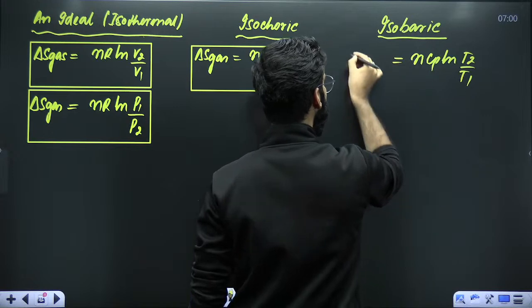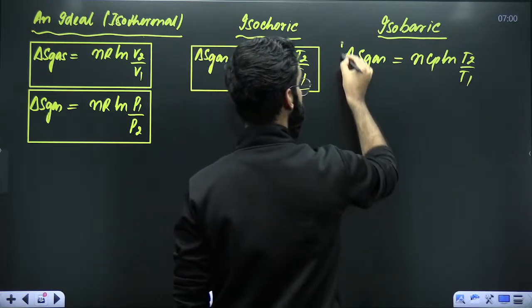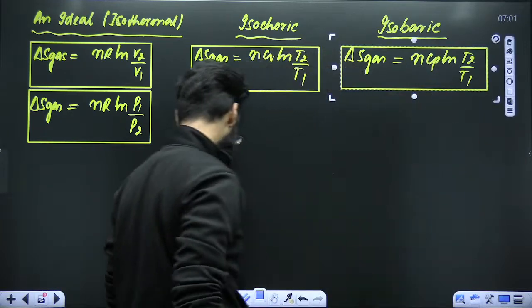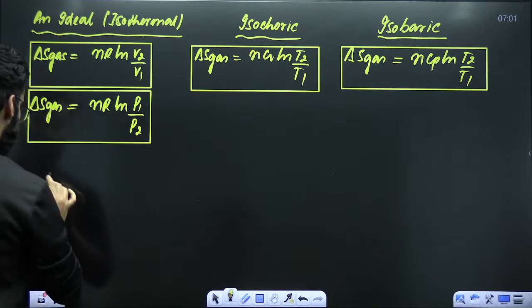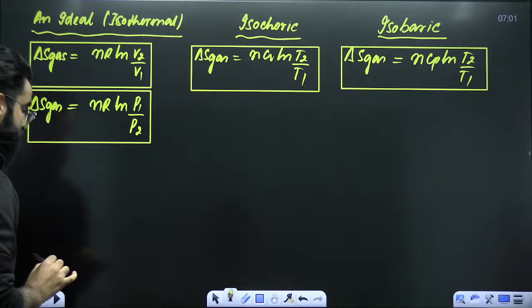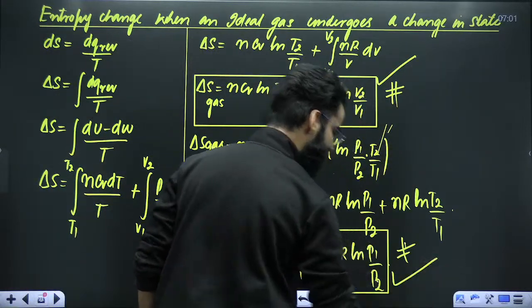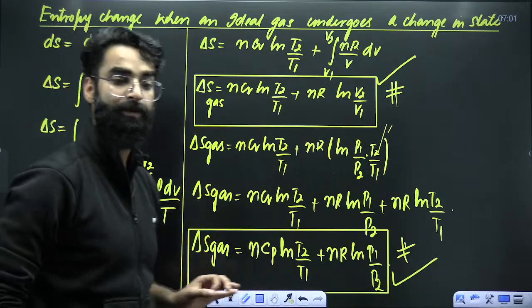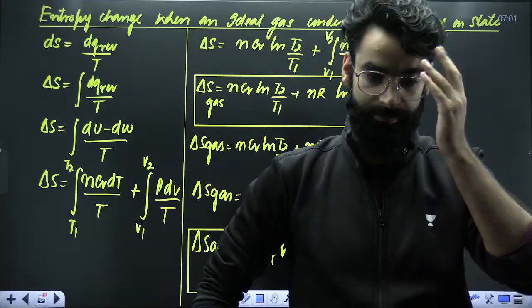This is how you calculate the entropy change of the ideal gas which undergoes an isobaric process. If the ideal gas undergoes an adiabatic process, you'll use either this relation or this particular relation completely to calculate delta S.